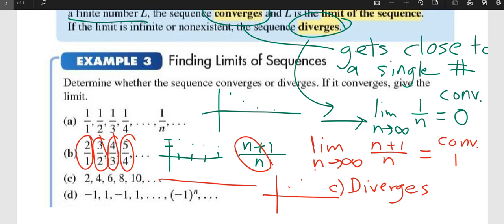You're starting at -1, and then +1, and then -1. So you're literally bouncing back and forth, above and below, forever and ever. You never get close to a single number. So D also diverges. It's not getting close to a single number.